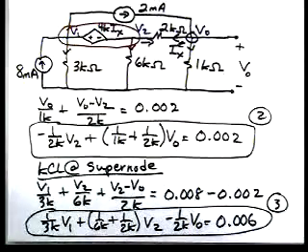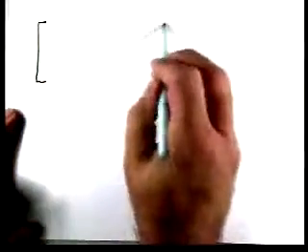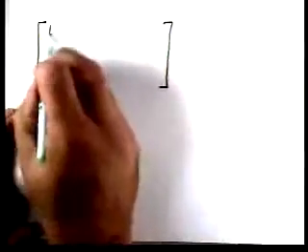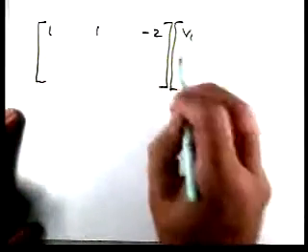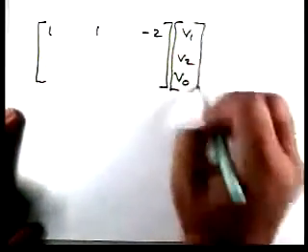Now we can enter those equations into MATLAB, and if we do that, here's our matrix. So we'll have 1, 1, minus 2, and then our variables are V1, V2, V0.